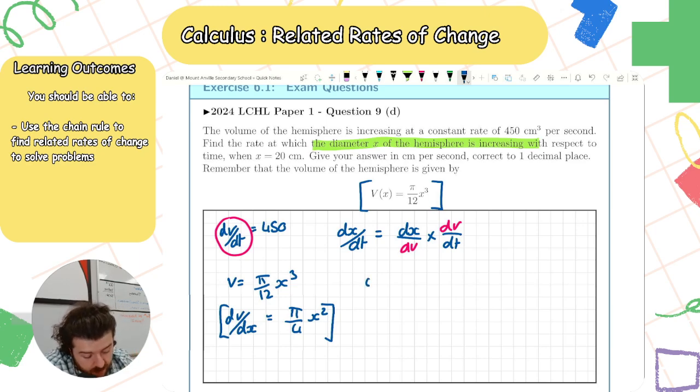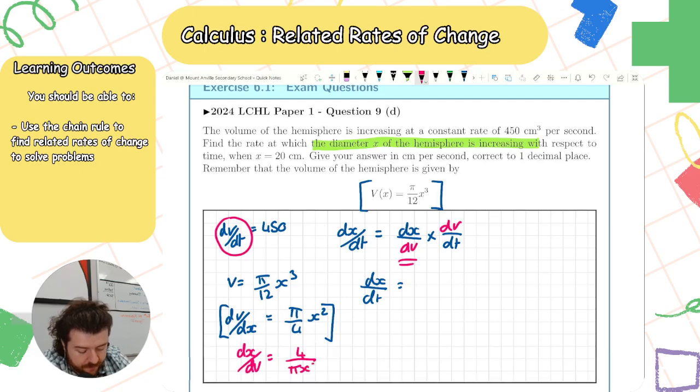Sum it in. dx/dt equals pi x squared over 4 times dV/dt, which is 450. Note, that's a lie. That's a big fat lie. I'm a liar, pants on fire. Because I'm looking for dx/dV, and I have dV/dx. So I need to find dx/dV, which would be equal to 4 over pi x squared.